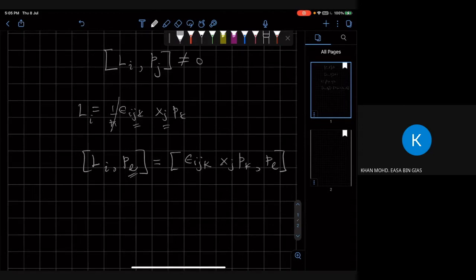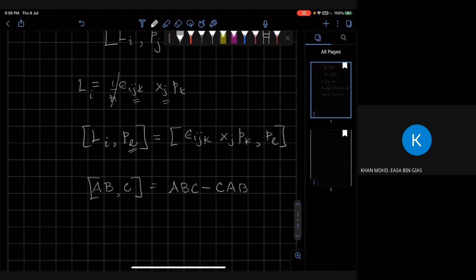Now we know that if I have two operators, A times B, and if you take the commutator with C, then I can write it as ABC minus CAB. And then what I can do is add and subtract the term ACB, and then minus CAB.